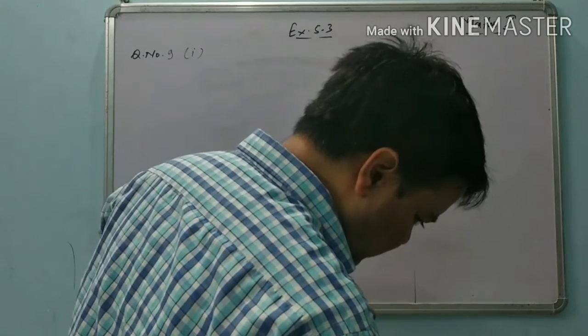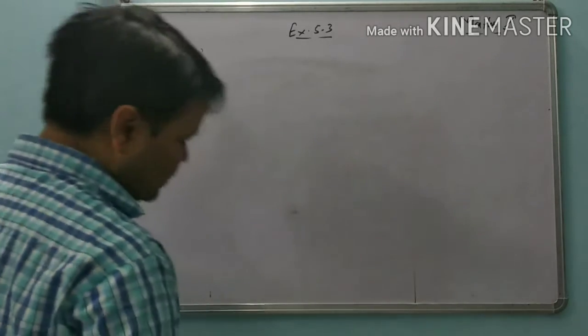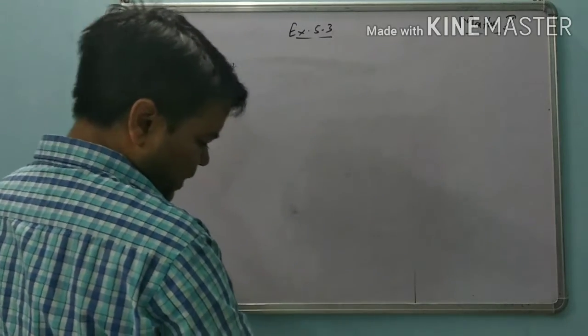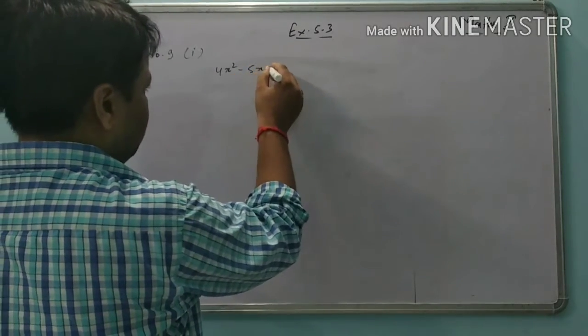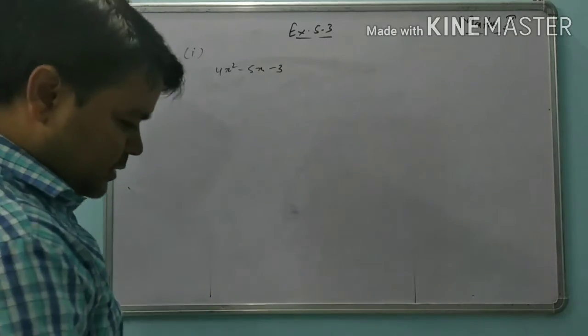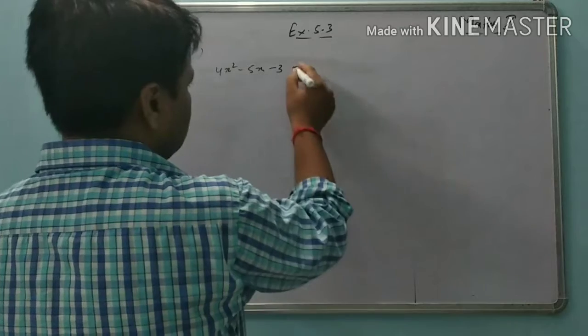Question number 9 is 4x square minus 5x minus 3 equal to 0.